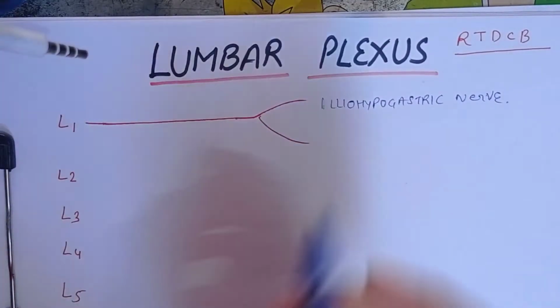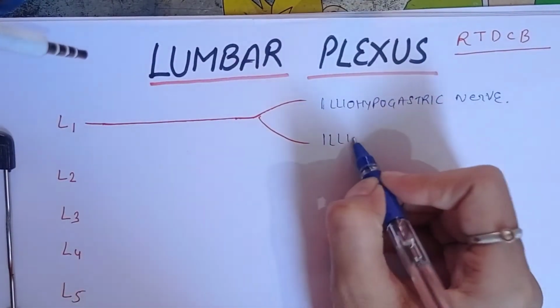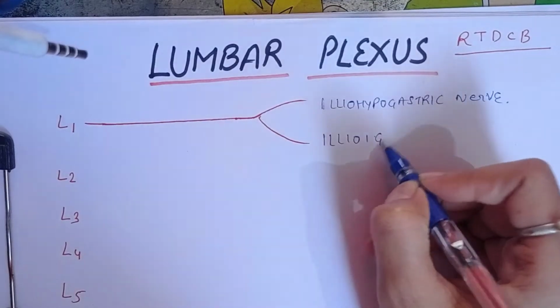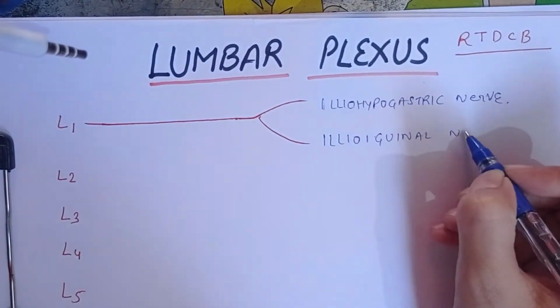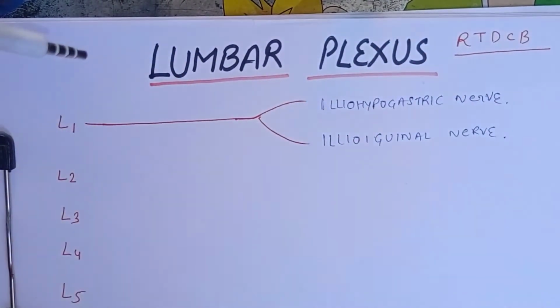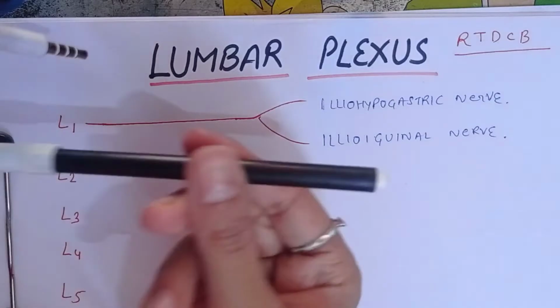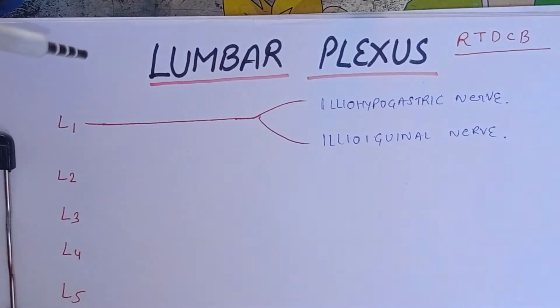The second one is the ilioinguinal nerve. Alright, now with this black color, I'll draw the dorsal division.